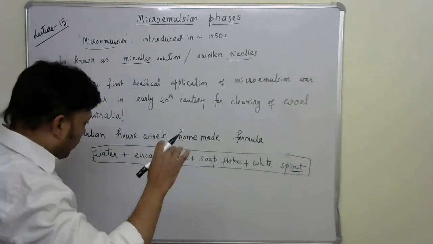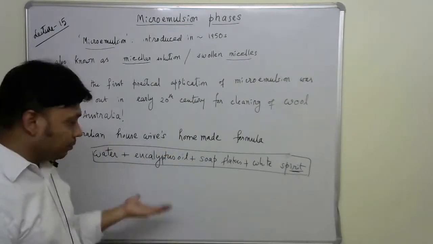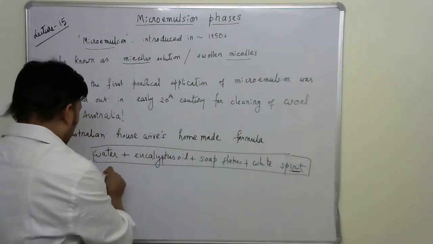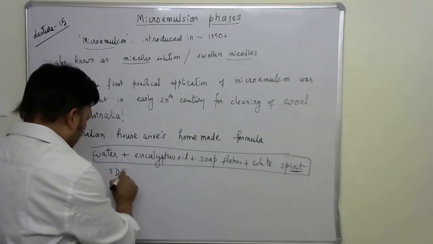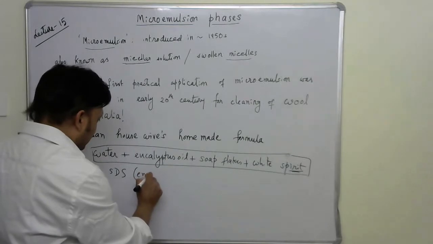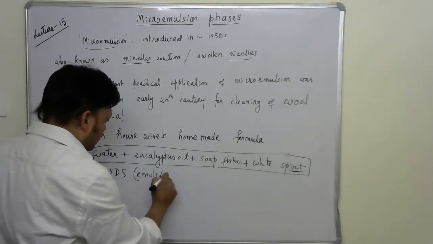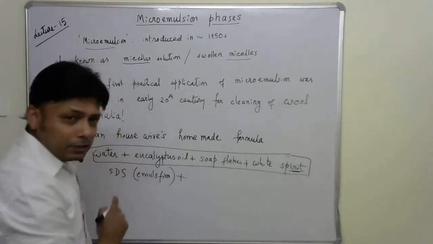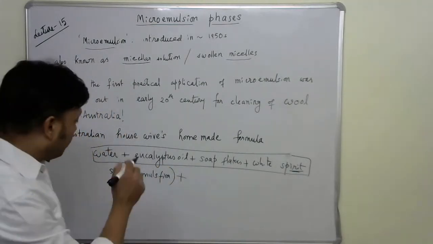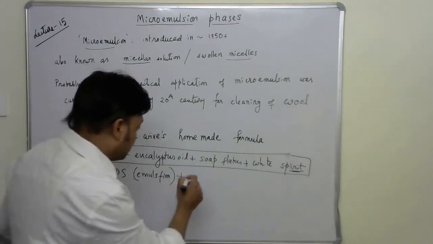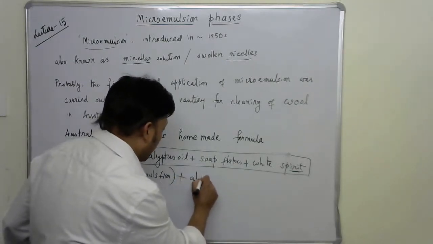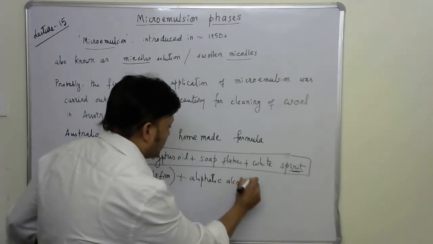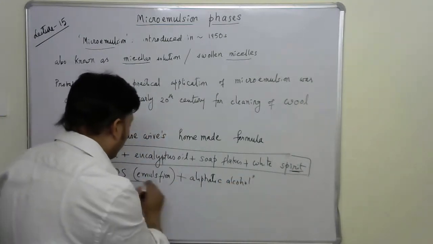Now when the research developed, people noticed that for forming a microemulsion, if you are taking SDS, sodium dodecyl sulfate, as the emulsifier, that means as the surfactant, then you would only form an effective microemulsion if you add with SDS some kind of aliphatic alcohol. All right. So this was experimentally verified.